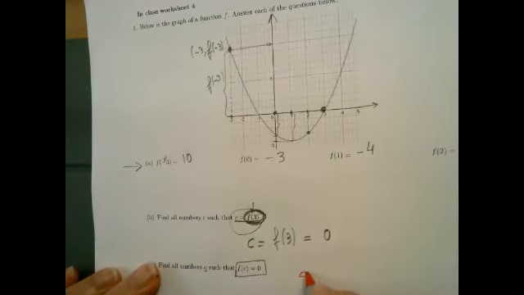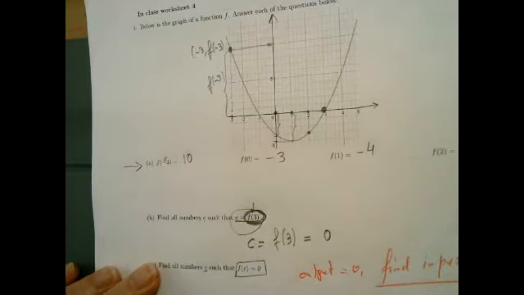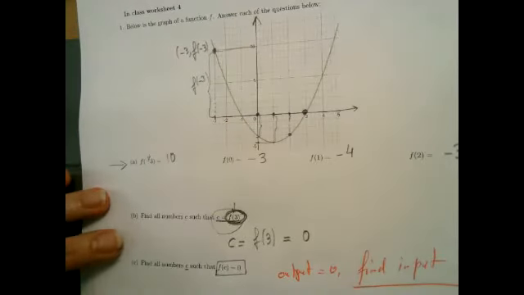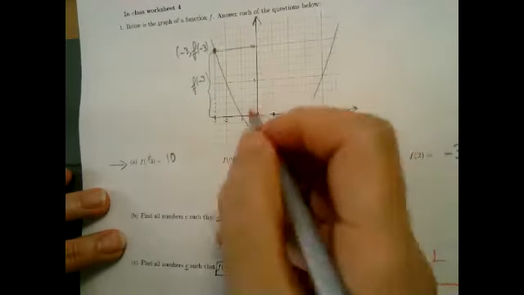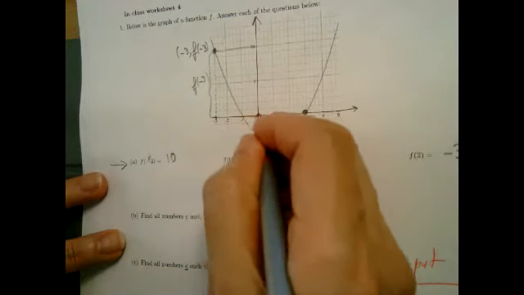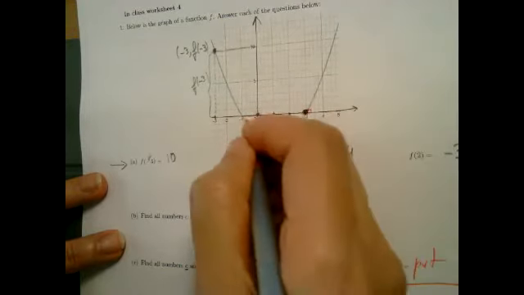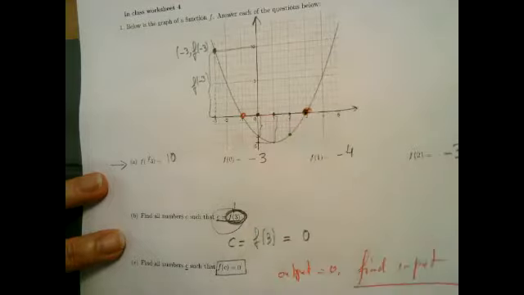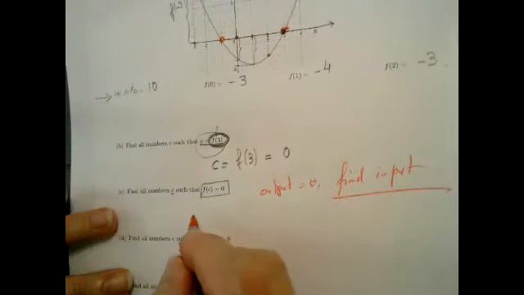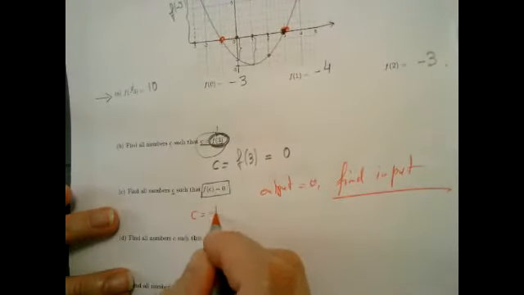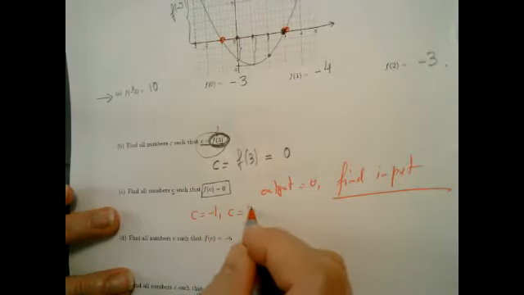So now the output is 0. I need to find the input. Okay, everybody is giving me answers. The output is 0. I go back. Okay, it's -1 and it is 3. So I have 2 inputs, -1 and 3.